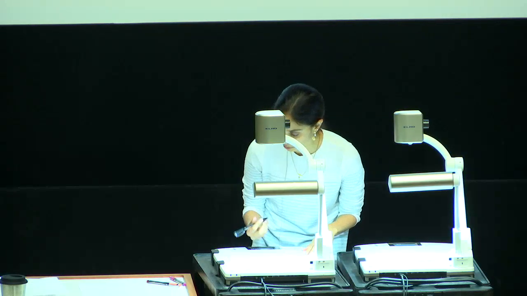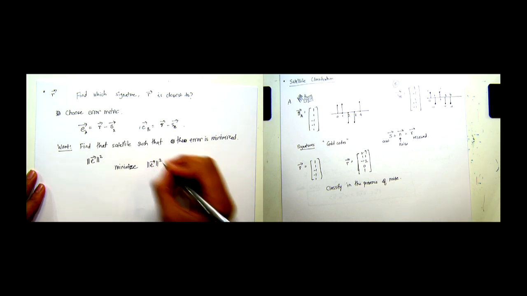So I can write this problem as minimize the norm squared of E over all satellites.